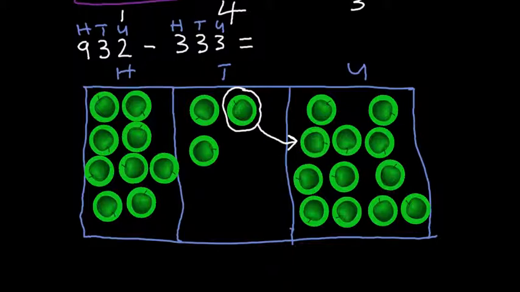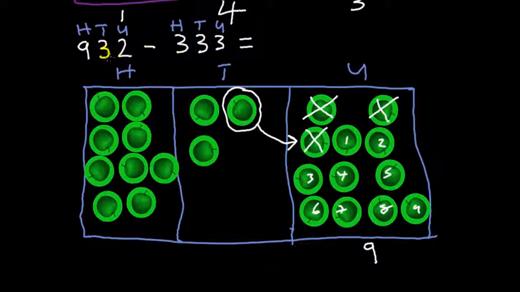Now we have enough apples to remove the 3 apples: 1, 2, and 3. So how many apples do we have left? 1, 2, 3, 4, 5, 6, 7, 8, and 9. We have 9 apples left.